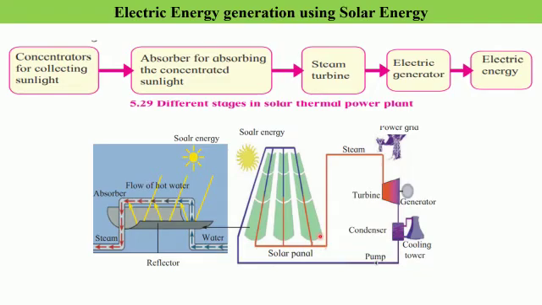The heat radiations or the heat energy of the sun gets reflected by these mirrors onto these tubes, which absorb the heat energy and heat up the water. Once the water gets heated up, it gets converted into steam, and then this steam is used to drive the turbines.